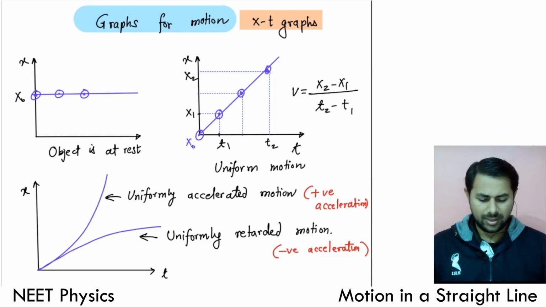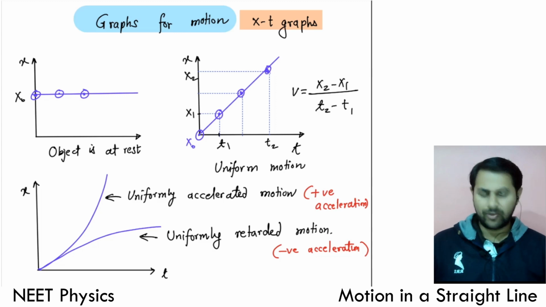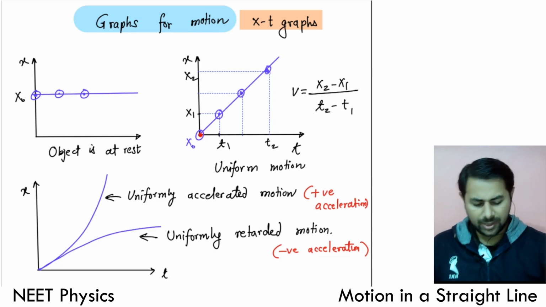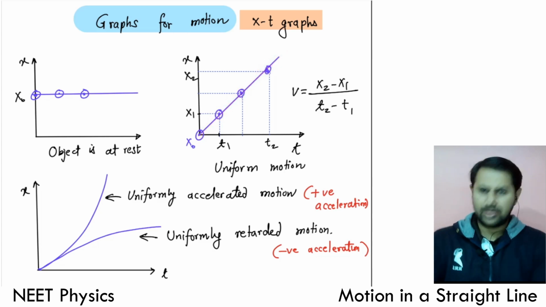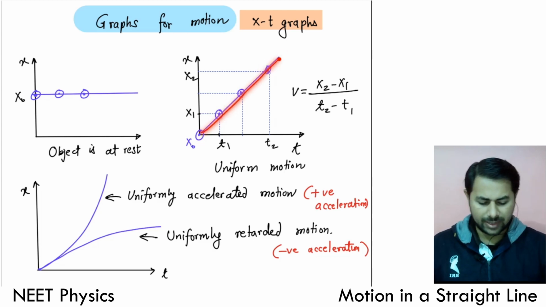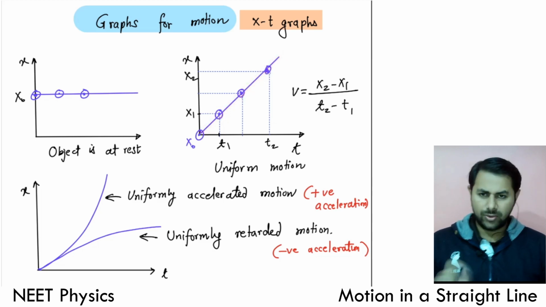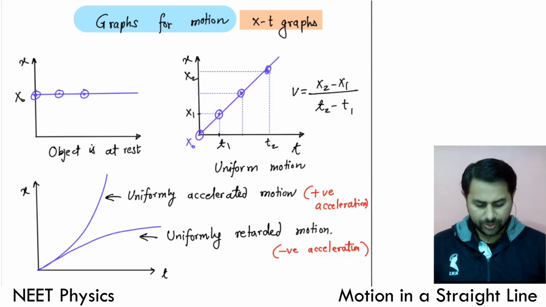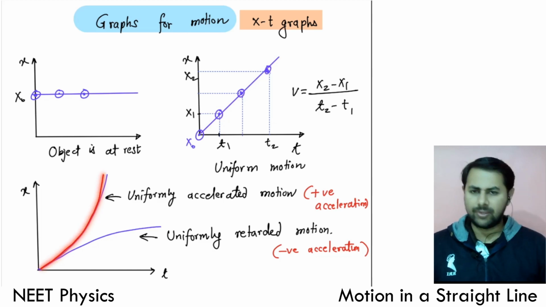Then if the object is moving with uniform velocity, what happens? The graph will look something like this, we can plot it. And then next is uniformly accelerated motion, for which the graph will look like this.